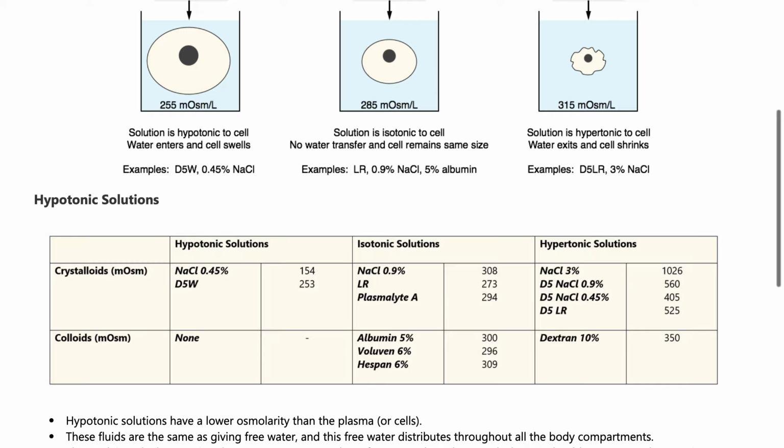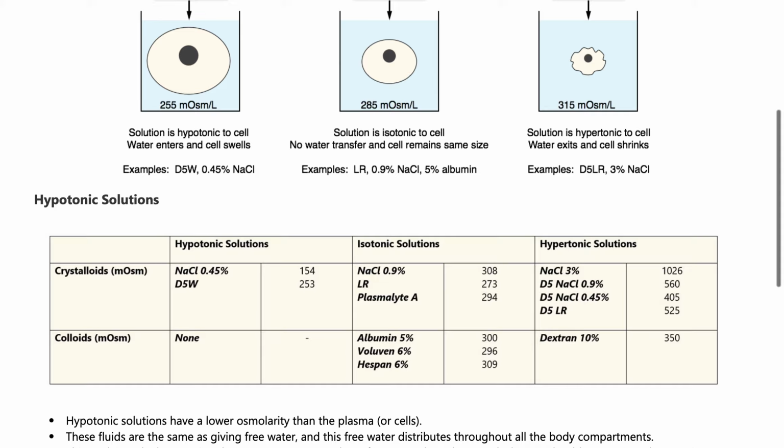Hypertonic crystalloids include 3% sodium chloride with an osmolarity of 1026, D5 normal saline, which has an osmolarity of 560, D5 half normal saline, which has an osmolarity of 405, and D5LR, which has an osmolarity of 525.